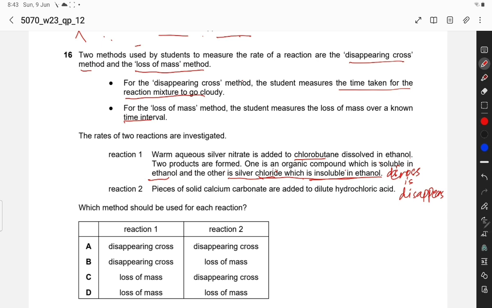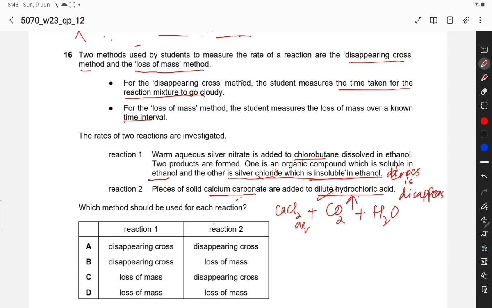Pieces of solid calcium carbonate are added to dilute hydrochloric acid. It dissolves in hydrochloric acid to form aqueous calcium chloride, carbon dioxide and water. Carbon dioxide is going to escape, so mass is lost.